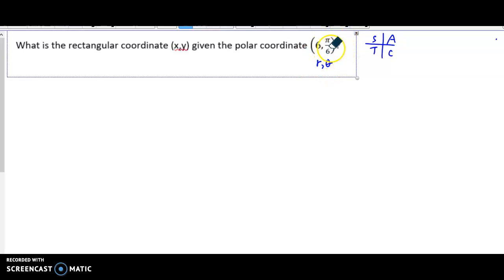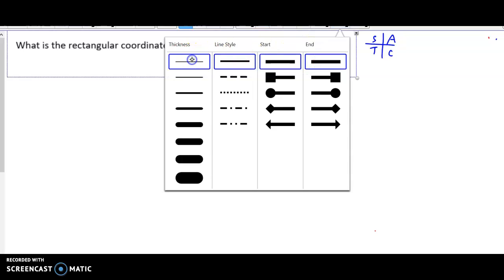R is positive, it's a positive 6, so we know we're staying in quadrant 1. So this coordinate itself is in quadrant 1. You've got to keep that in mind because your xy coordinate is also going to be in quadrant 1.